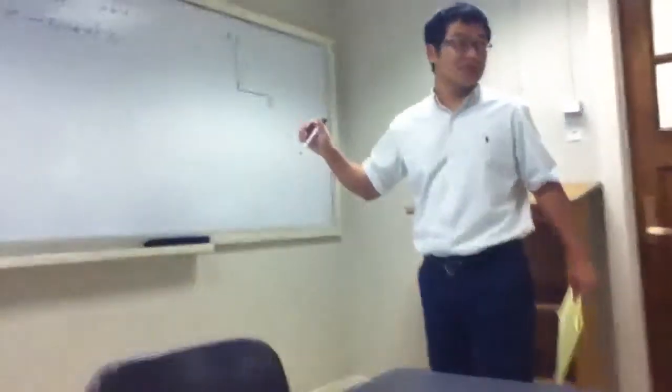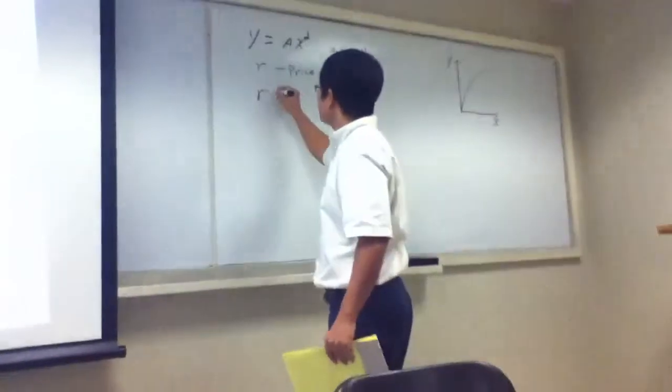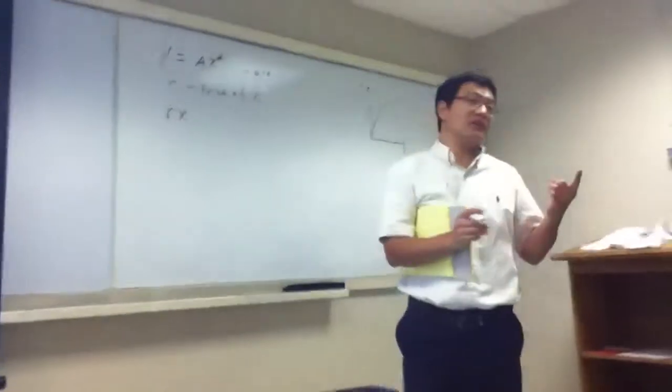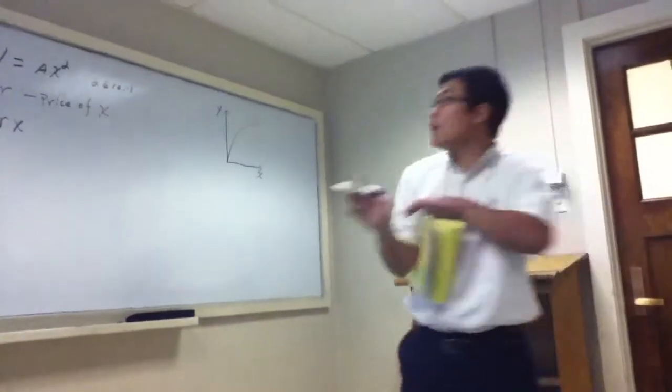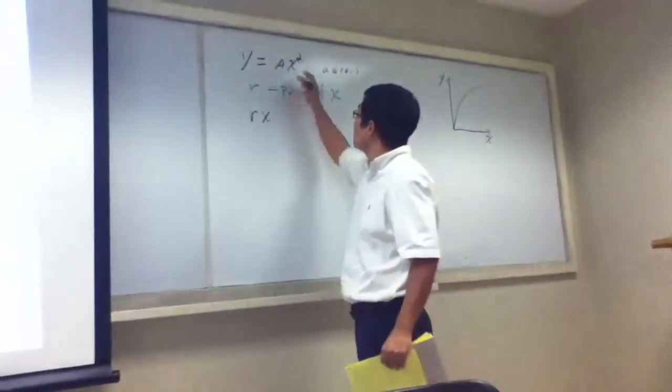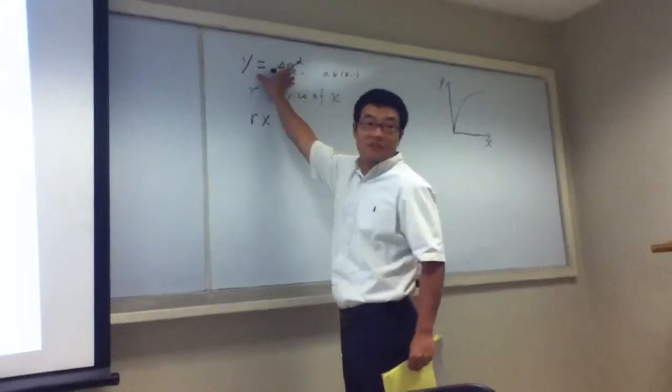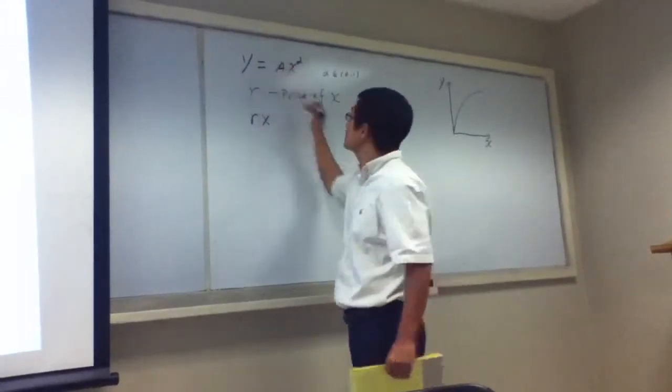It's r times x, because you have only one variable factor, there's no substitution anymore. So your total cost is rx, but x is the inverse of this function, correct?